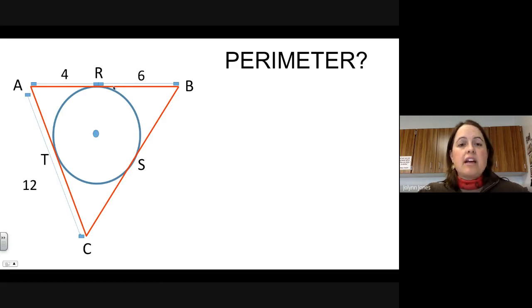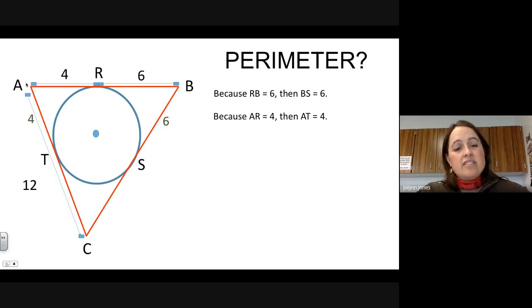Okay? So if we look at RB, we know that's 6. So that means that the segment BS has to also be equal to 6. Then I can do the same thing over on this other side. If AR is 4, then AT has to be equal to 4. Now I've got this whole side, AC, is 12.